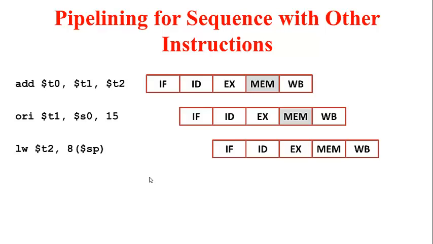The uniformity of the operations in the various instructions in the various stages of the pipeline is going to allow us to do similar pipelining for any sequence of instructions. Let us look at this example, which involves two register instructions and one load word. We can have a similar pipeline like earlier, except that I have grayed out here this memory stage, which means that even though there is a mem stage for these register instructions, it is actually going to do nothing with memory.